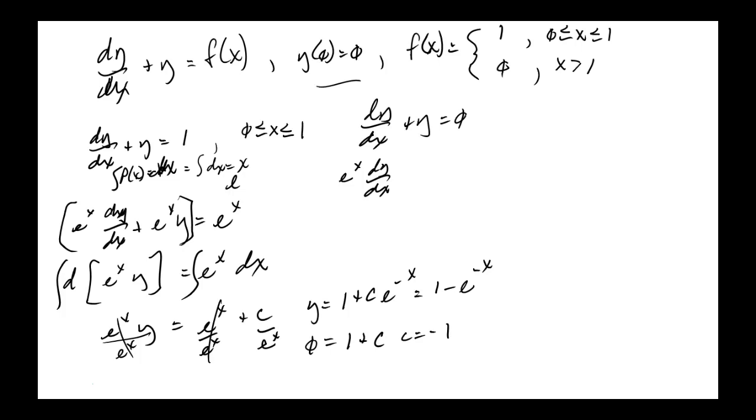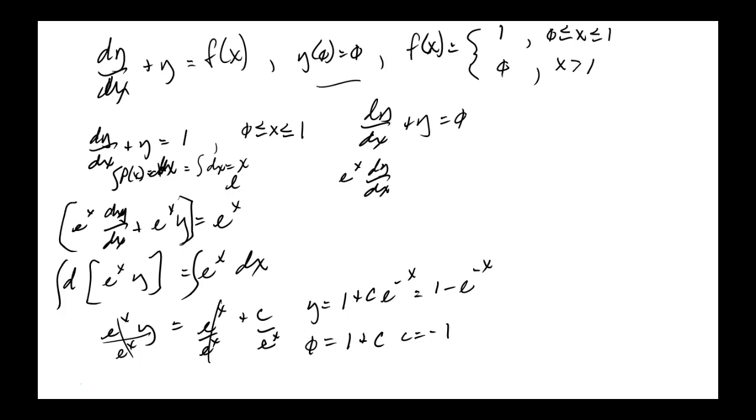So, okay. All right. So what we've got is example 6, bottom of page 59, top of page 60. We're on the top of page 60 now. What it was is a differential equation, dy/dx plus y is equal to f of x, a standard-looking linear differential equation, with an initial value, y of 0 is equal to 0.